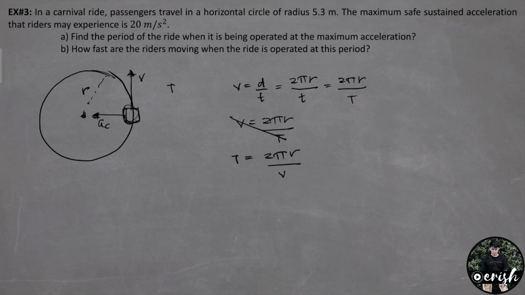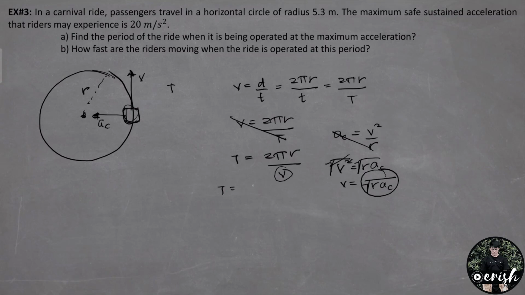For the velocity, we can use the centripetal acceleration formula, v square over r. So we cross multiply this one. V square is equal to r times the centripetal acceleration, and we take the square root of both sides. So we have v is equal to the square root of r times the centripetal acceleration. We can now put this here.